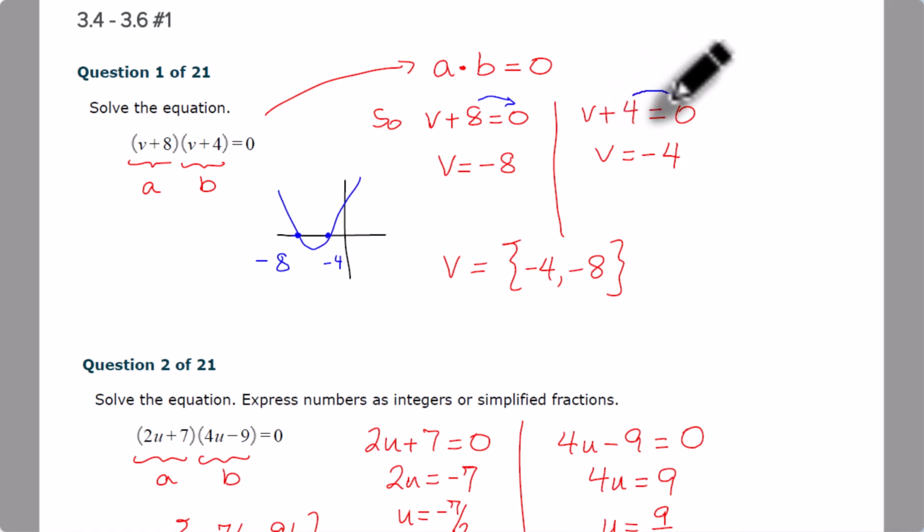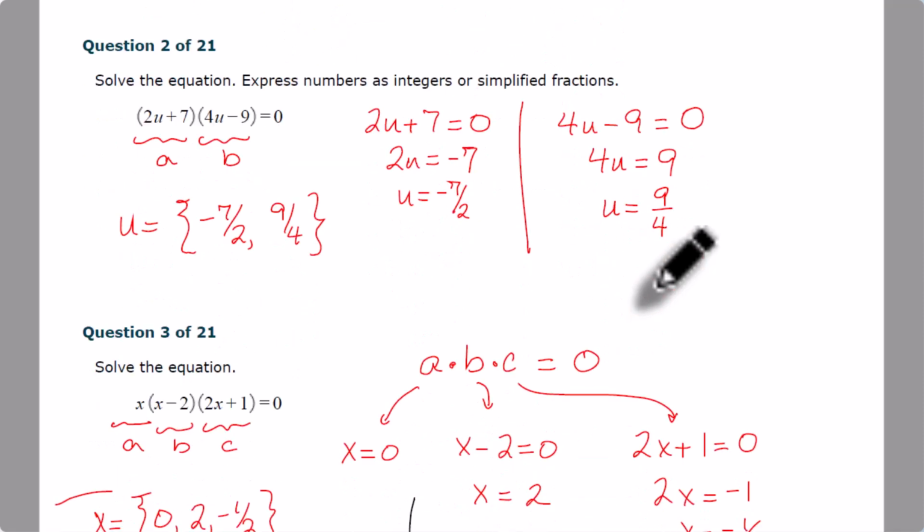I can move the 4 to the right, giving me minus 4. And therefore, this equation has two answers. Geometrically, it's telling me that this quadratic function would be crossing at minus 8 and minus 4.